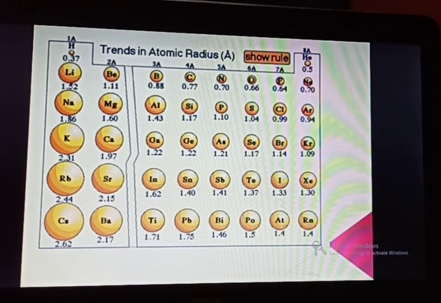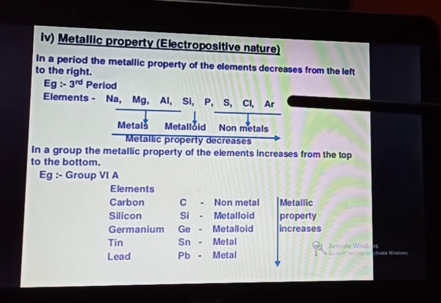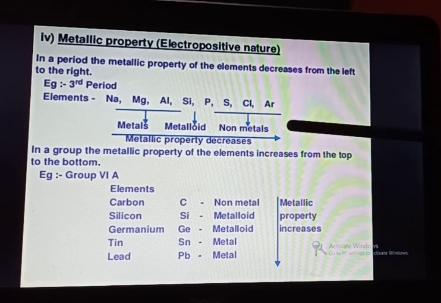Okay. Now we will discuss the metallic property or electropositive character. Electropositive in nature means metals are electropositive in nature. That means metals have a tendency to give electrons. So in a period, if we move from left to right, then the metallic character decreases.